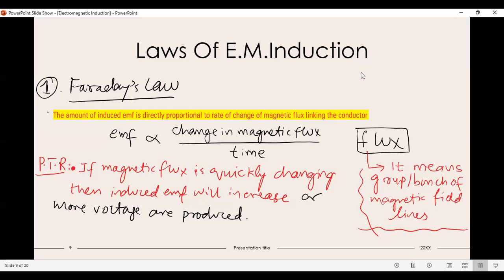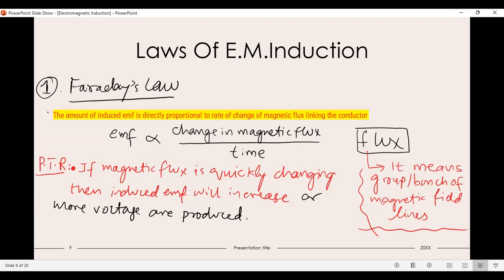Okay, so the thing is, Faraday's law states that the amount of induced EMF is directly proportional to the rate of change of magnetic flux linking the conductor. And flux here means a group or bunch of magnetic field lines. So instead of using the words magnetic field lines, we use the word magnetic flux.